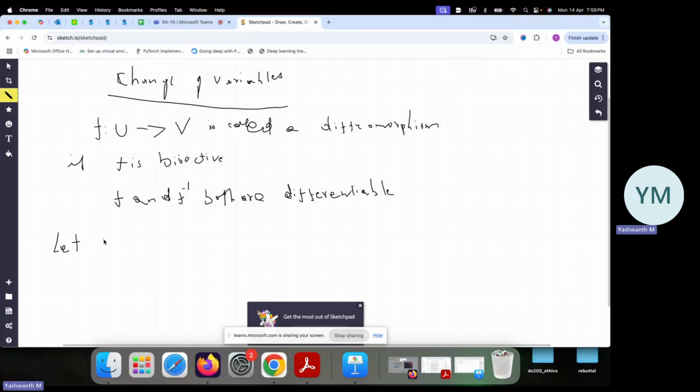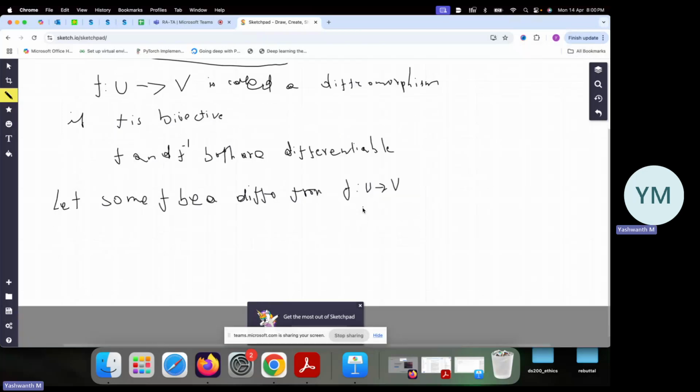Let f be a diffeomorphism from U to V. Let's consider these to be subsets of R power n and subsets of R power n.